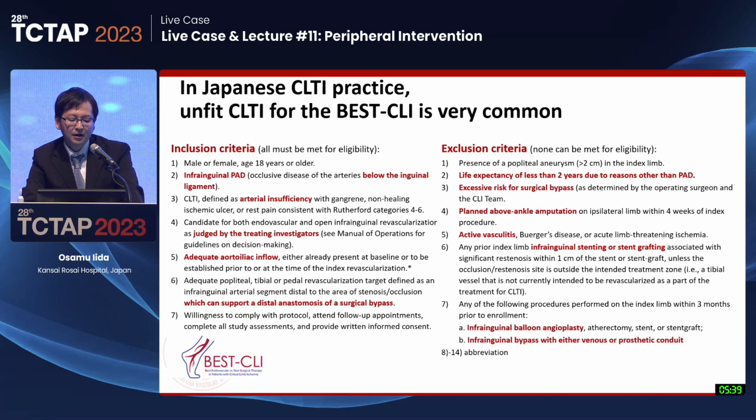When we take a look at the inclusion and exclusion criteria of the BEST-CLI trial, I feel that more than half of Japanese, perhaps Asian, CLTI patients don't correspond to these criteria. The main driving criteria for determining bypass therapy indication are the mortality risk, anatomical severity, and the presence of a usable vein.